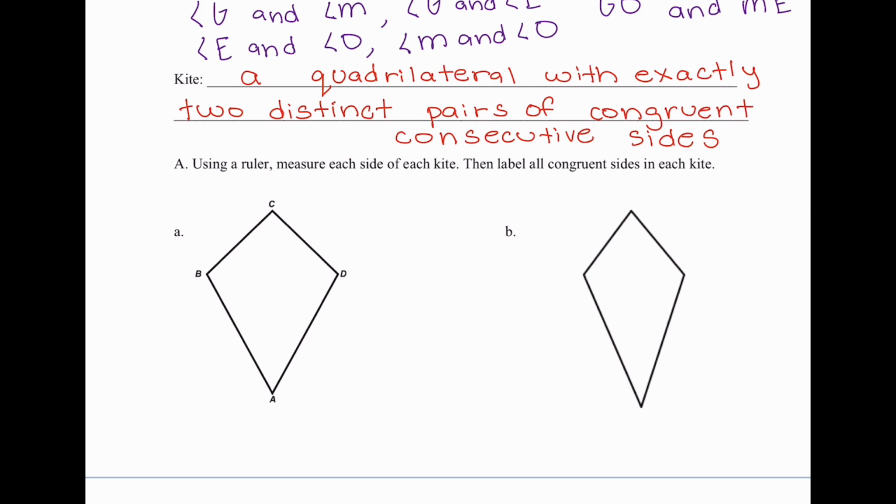A kite is a quadrilateral with exactly two distinct pairs of congruent consecutive sides.